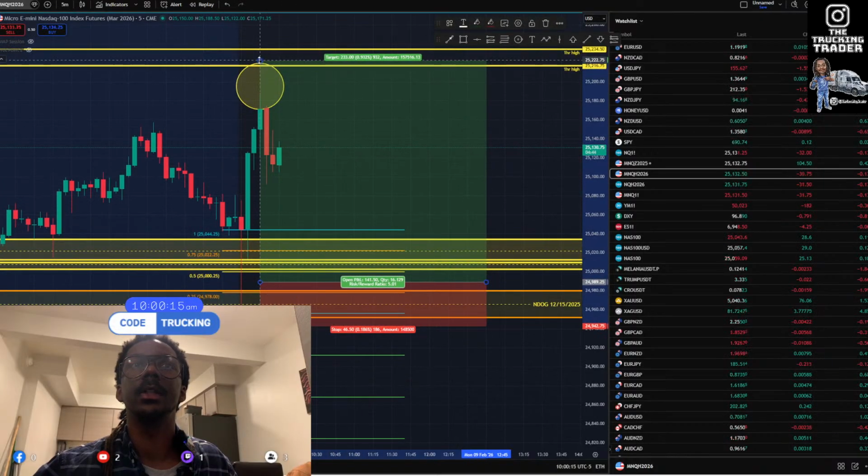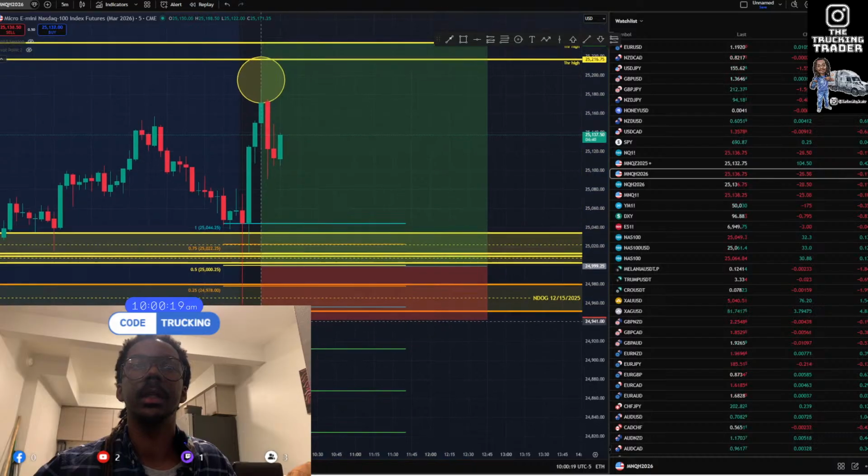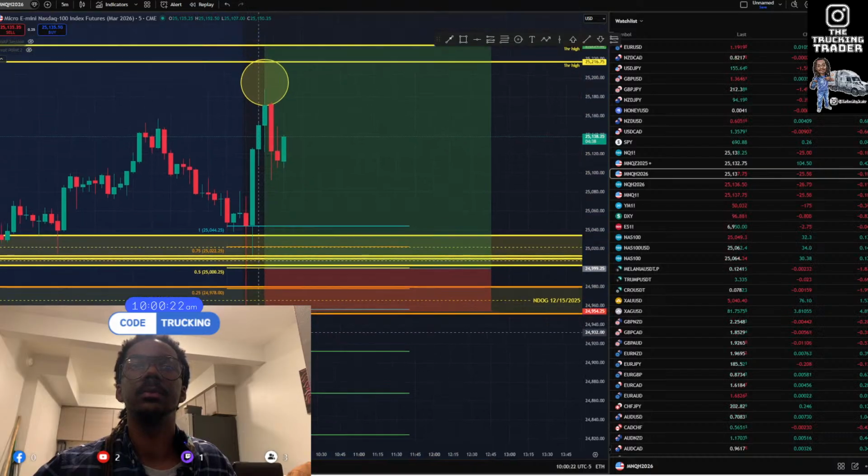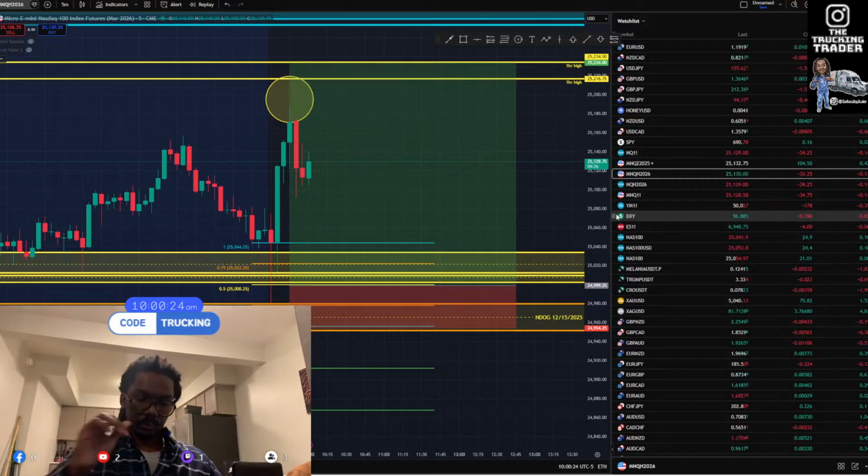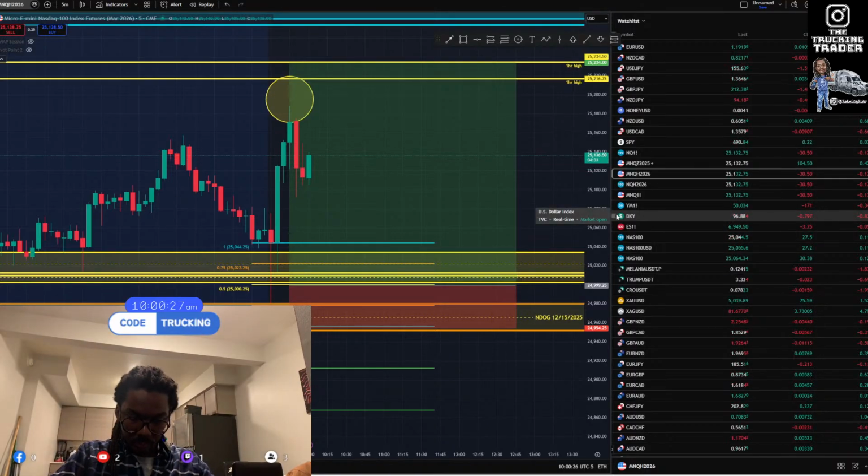Unless the market just goes up here and takes out liquidity without us, then there's nothing we can do about that. So this is a 5-to-1 risk to reward.